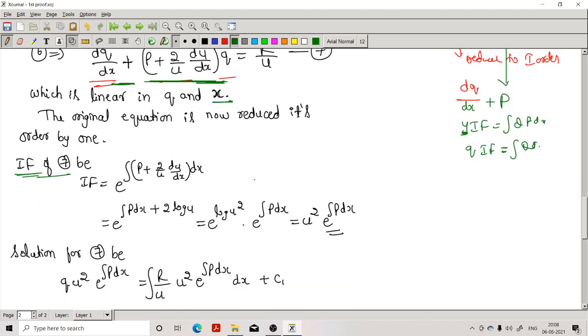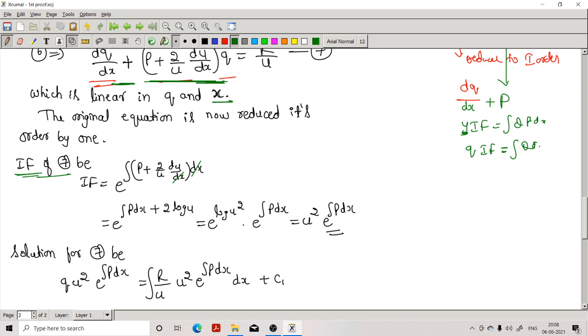Which is nothing but e power integration of, okay, split the integration to both the terms. We will get p into dx. Here dx gets cancelled. You will have integral 2 into 1 by u into du, integration is log u, again you will have 2.